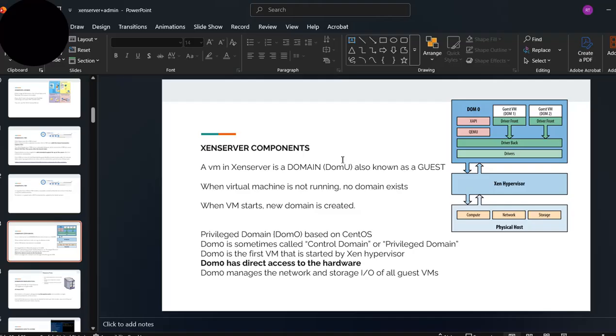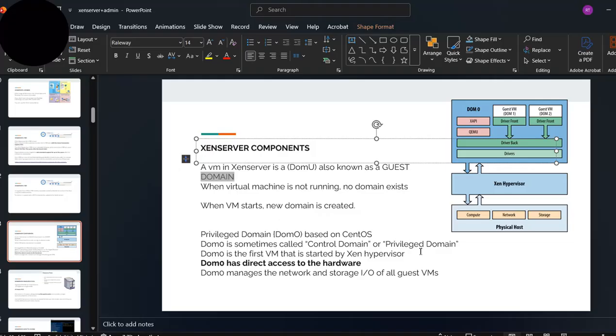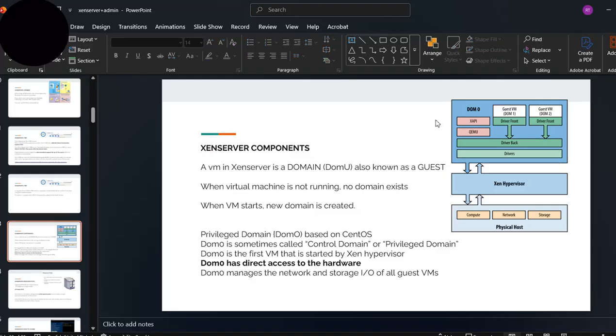Now the XenServer components. Every VM in XenServer is a domain. It is a guest domain. Guest domain means DomU, or unprivileged domain. When a virtual machine is not running, no domain exists.